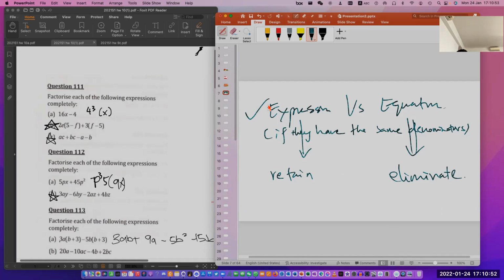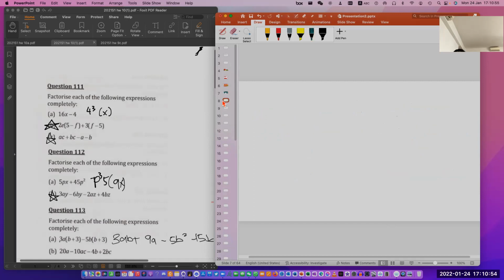All right. Okay, then we can actually look at question 111 here. Okay, over here they talk about factorize the following expression. So by the way, all these are expressions.